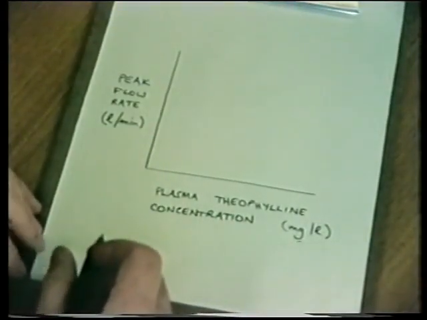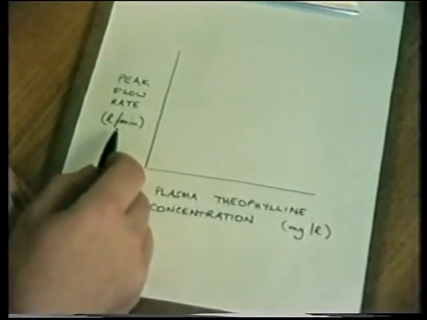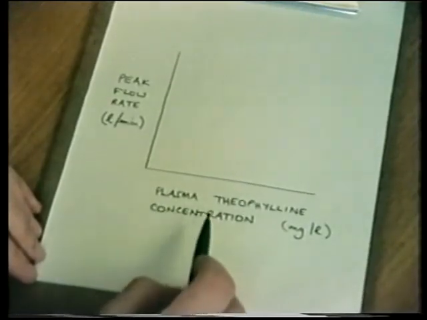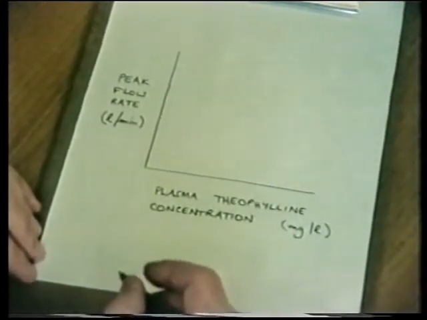If we then relate the peak flow rate in an individual patient to the plasma concentration of theophylline, we find that there is a relationship between the peak flow rate in litres per minute, that's the ability of the patient to breathe properly, and the concentration of theophylline in his plasma, which we've measured in milligrams per litre.